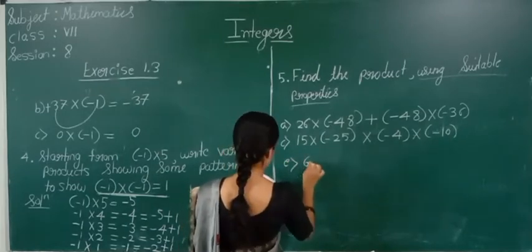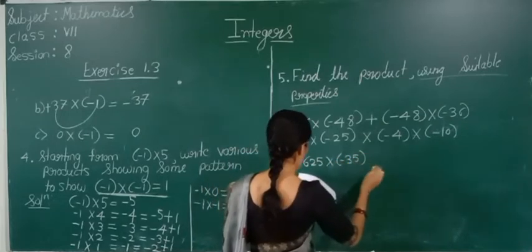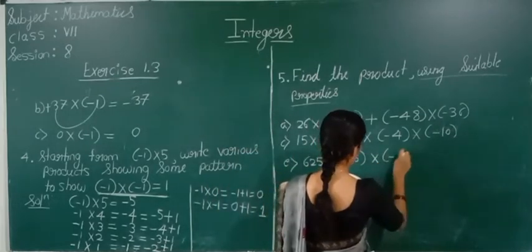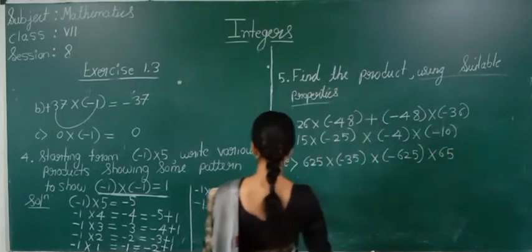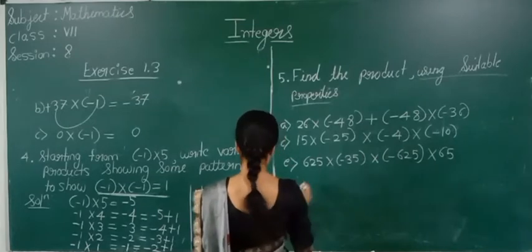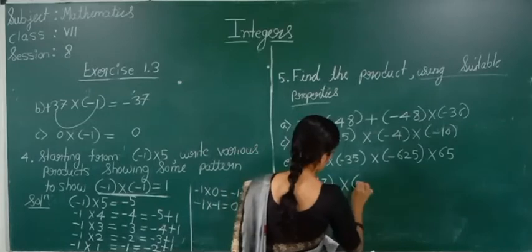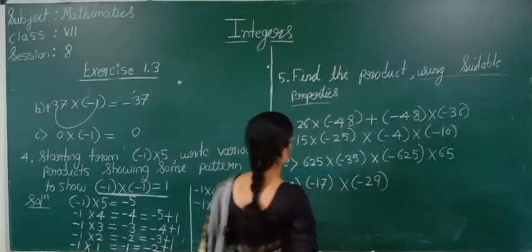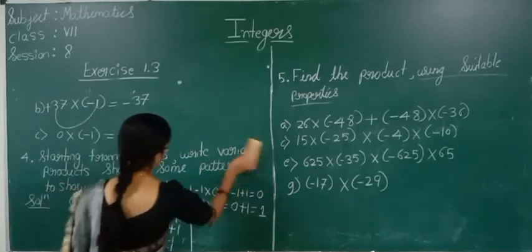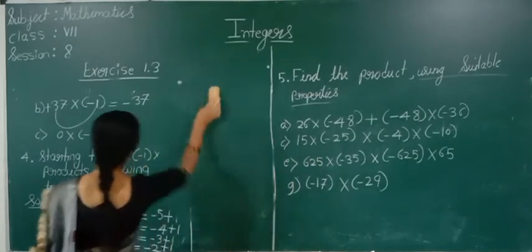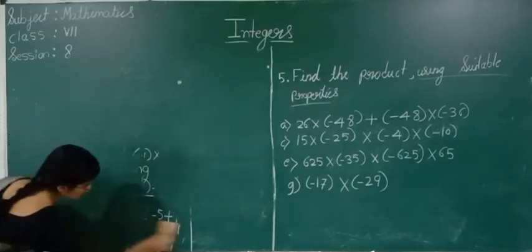E, 625 multiplied by minus 35 minus 625 multiplied by 65. G, minus 17 multiplied by minus 29. So we will see the fifth problem. We have to use properties here. Okay.